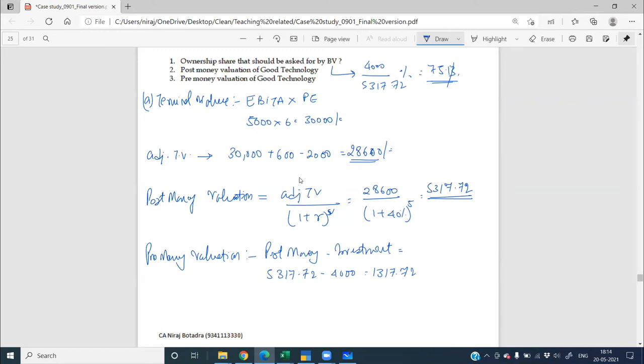Okay, so one person will discount it by 30% and other person can discount it by 40%. Okay, so that will lead to a different valuation for a same company having a same expected terminal value.